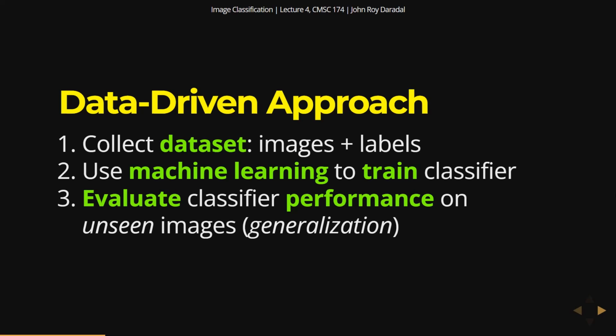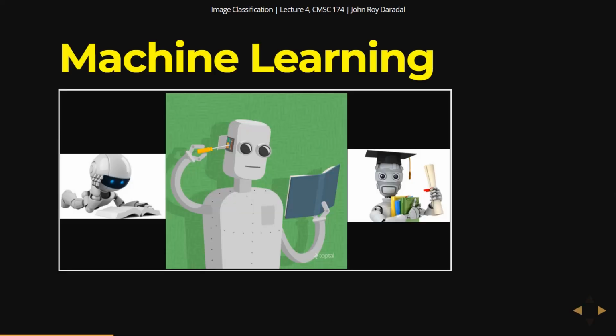Because we will use machine learning to train our classifier, of course we need to introduce machine learning. So the main focus of this lecture is to introduce you to machine learning in relation to image classification.